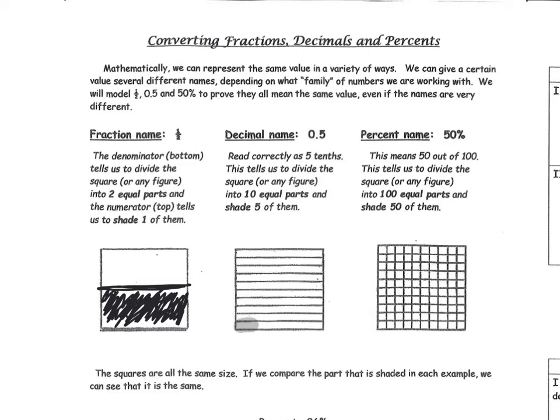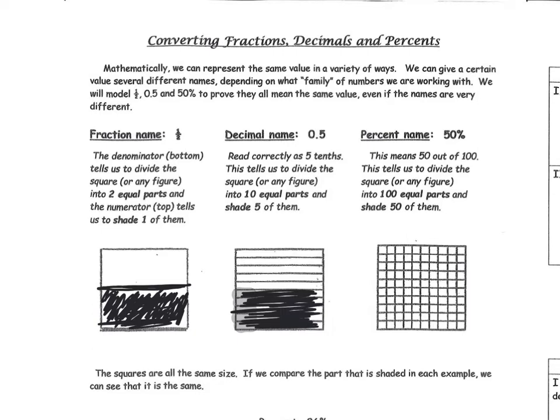So this is 1, 2, 3, 4, 5. So I'm going to shade these 5 at the bottom. So again, I'm not going to do a perfect coloring job, but I can see that I'm shading the same amount. And if you think of it, I shaded 5 out of 10, which would be equivalent to 1/2.